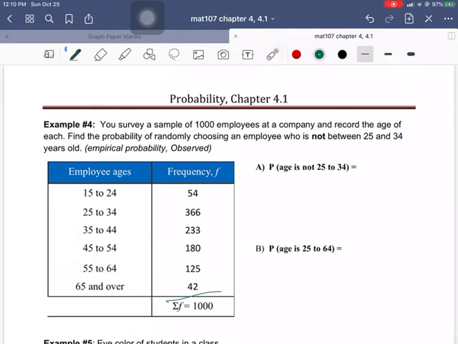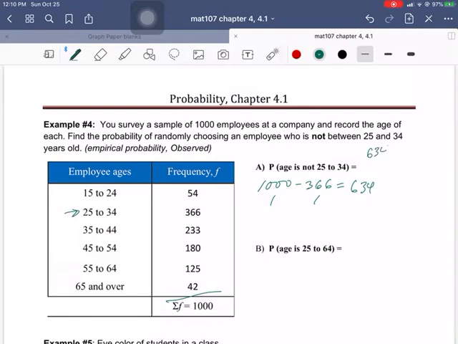So there are a couple ways to go with that. Notice that 25 to 34 is one of the groups. So basically you take all of the groups and subtract the ones that are in there, and you'll get 634. So this is the total. This is the ones that are 25 to 34. So that means 634 are not in that age.